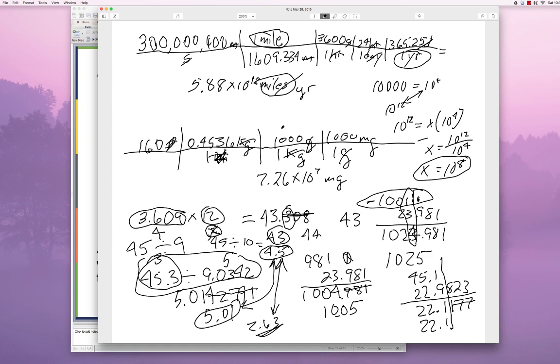If we looked at, say, this up here, if you said 160 times a half would be about 80, and then times 10 to the 6th, 80 times 10 to the 6th, or 8 times 10 to the 7th would be an approximation. Again, your answer should be fairly close to that, and if you didn't get that, comparing these two answers, then you know you made a mistake and you need to go back and fix it.